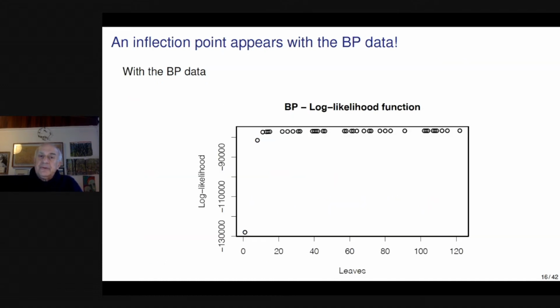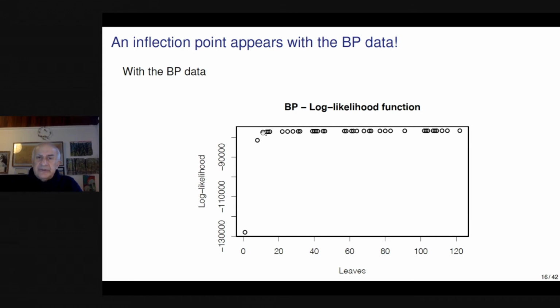I show it to you. That is the result with the BP data. So you see, you have here something which increases in a very steep way, and then it becomes more or less horizontal. It's not horizontal, it's always increasing by convexity reasons, but it is astonishing.